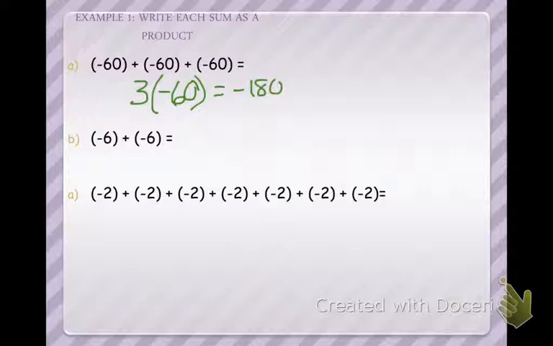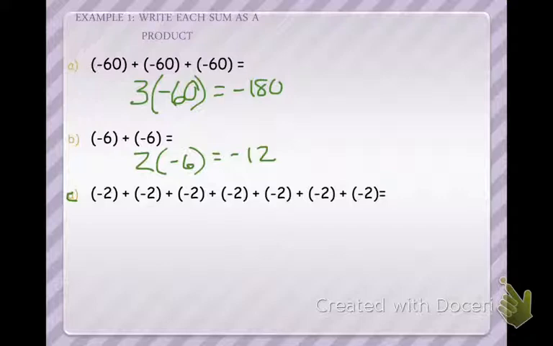B. There are 2 negative 6s, so you have 2 times negative 6. Then you multiply them together. 2 times negative 6 is negative 12. And this is supposed to be C, sorry. You have negative 2 plus negative 2 plus negative 2 plus negative 2 plus negative 2.